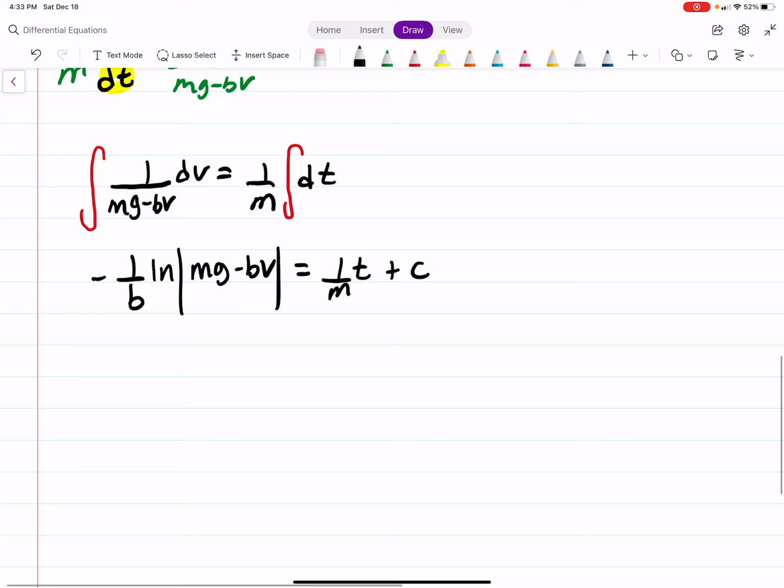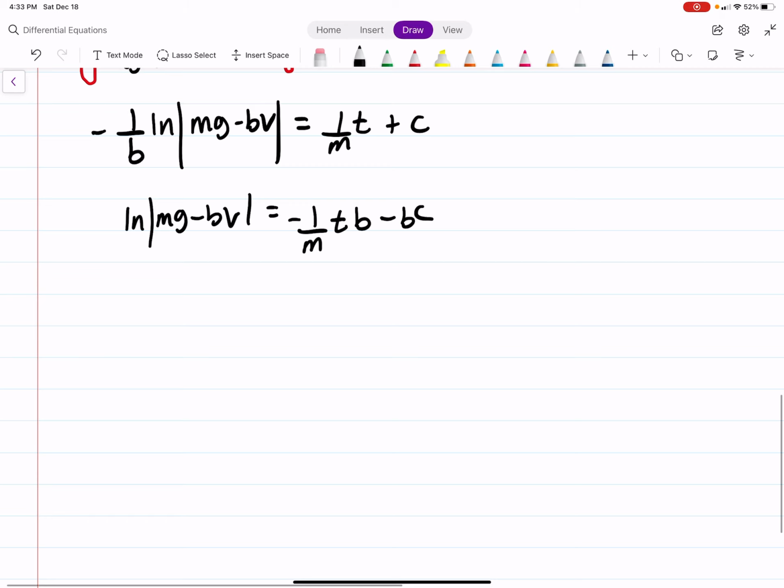So you can multiply over by minus b to get the natural log by itself, and we'll do minus bt over m minus bc. And obviously we can raise this to the power of e to get rid of the natural log. The whole point is to solve for this v. That's the whole goal here.